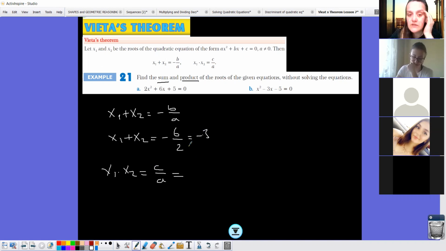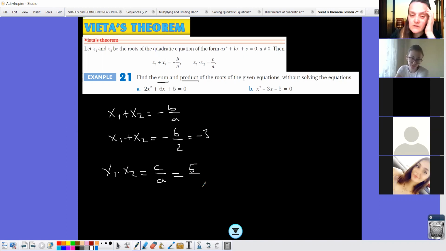What is c? 5. And a is 2. So 5 over 2 it will be. If you try to find the roots with the ways that we learned, maybe you cannot find them easily, but with these formulas you can find the sum and the product of the roots.